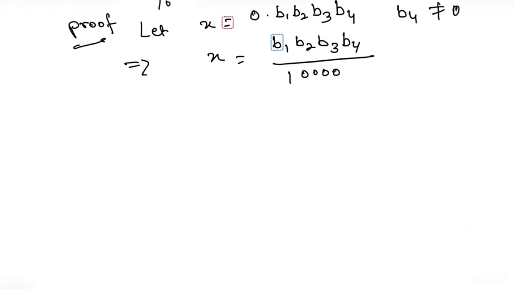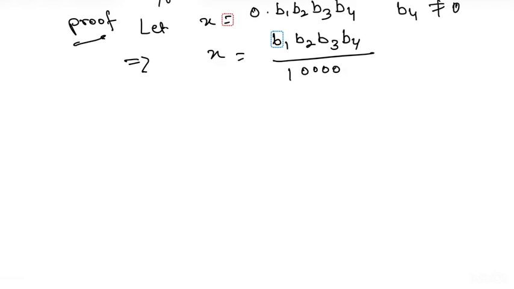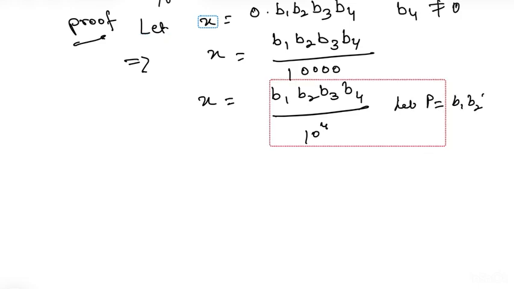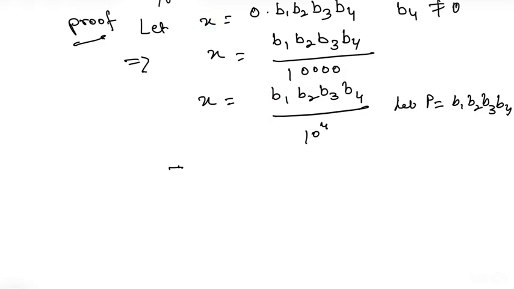So x is equal to b1 b2 b3 b4 upon 10 raised to power 4. Let p be equal to b1 b2 b3 b4. So x is equal to p upon 10 raised to power 4.